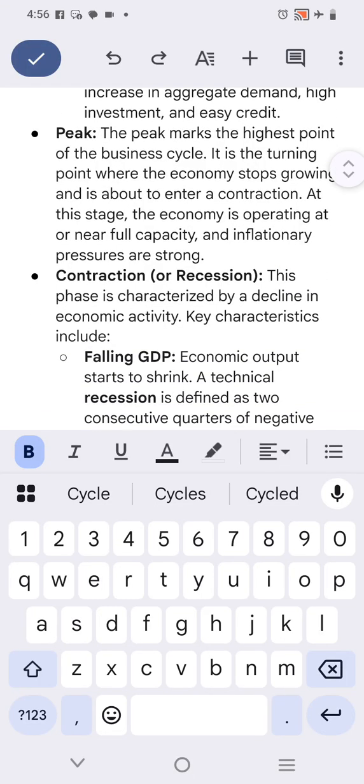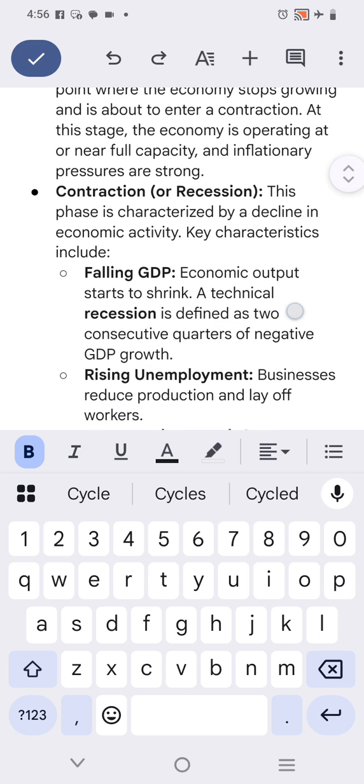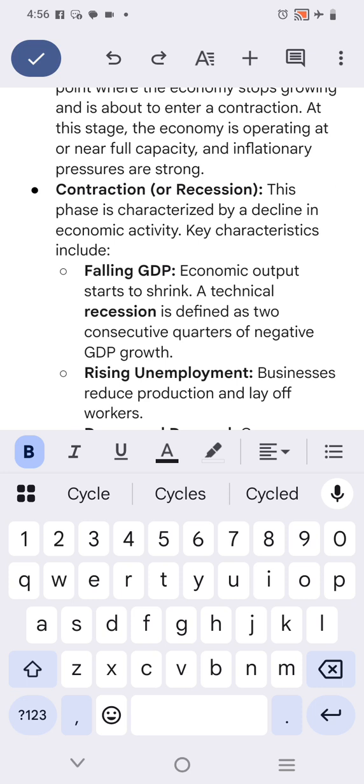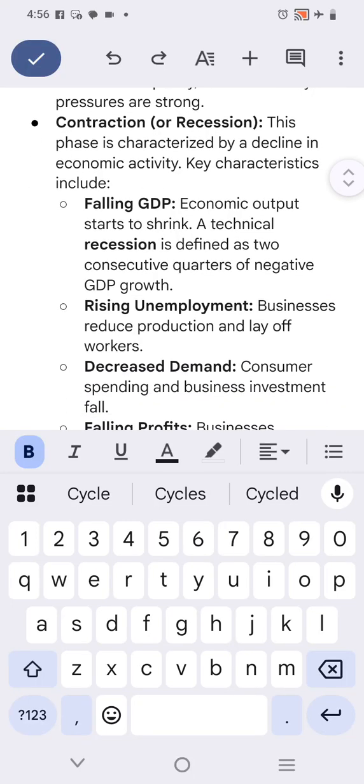This phase is characterized by a decline in economic activity. Key characteristics include falling GDP; economic output starts to shrink. A technical recession is defined as 2 consecutive quarters of negative GDP growth. Rising unemployment: businesses reduce production and lay off workers.